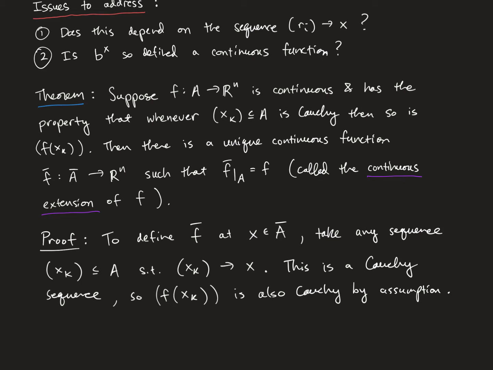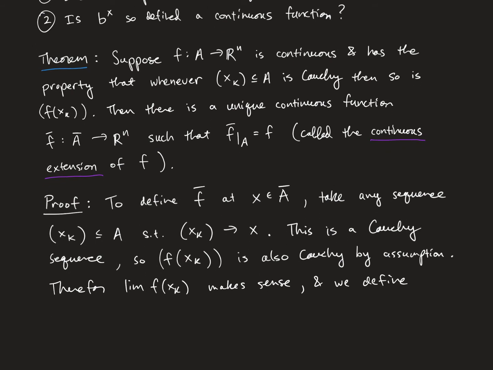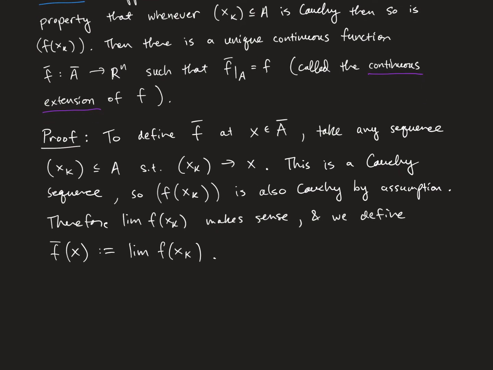So we have a limit, therefore the limit of this sequence f of x_k makes sense, and we define f bar at x as the limit of that sequence. So that's the definition of our f bar.